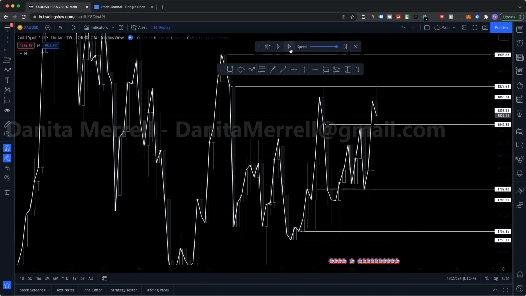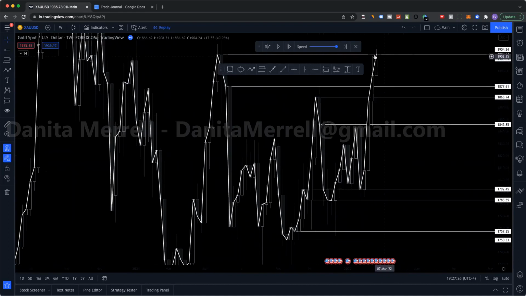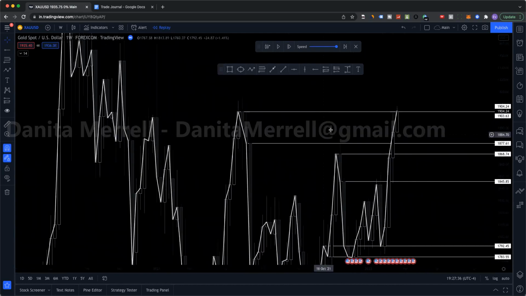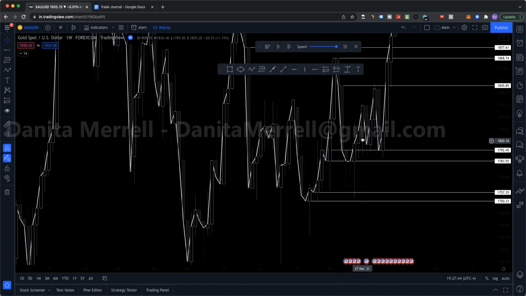Look at our levels. See how it came back down to this area and then moved up to this area. Okay. Now we obviously have to take into account the monthly and the weekly, but as you can see, price is trading off these levels.